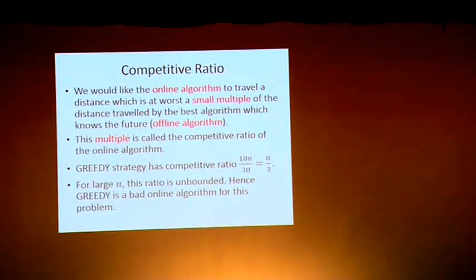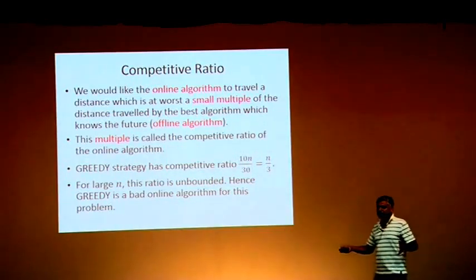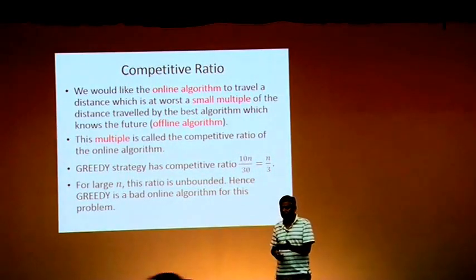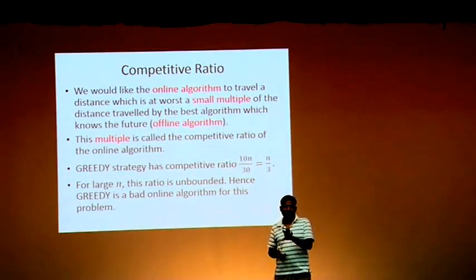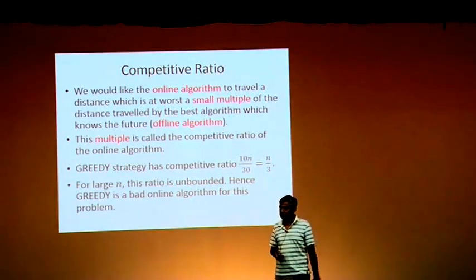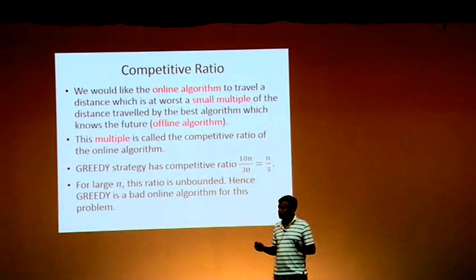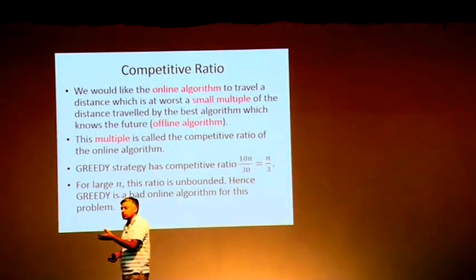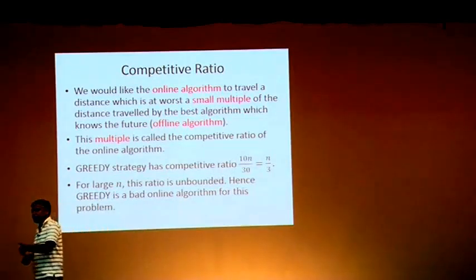Why? Because it becomes unbounded. If I had 1 million requests, then I am worse off than the best solution by a factor of roughly 1 million by 3. Right? That's huge. We don't want something like that. So whenever we have a ratio which looks unbounded, which can keep increasing with n, we say that that is a bad algorithm.